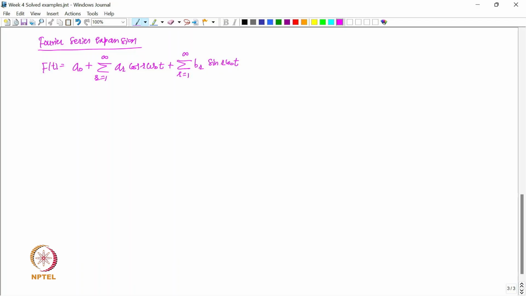So, that is the Fourier series expansion. a naught is the DC component, a r is the coefficient of the cos components, harmonic components, and b r is the coefficient of the sine components.